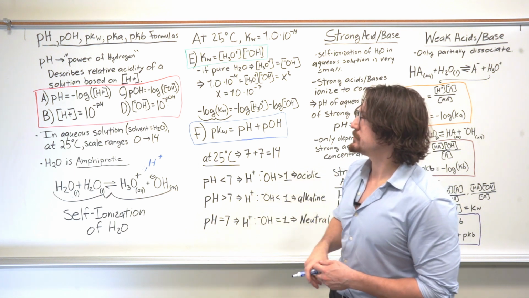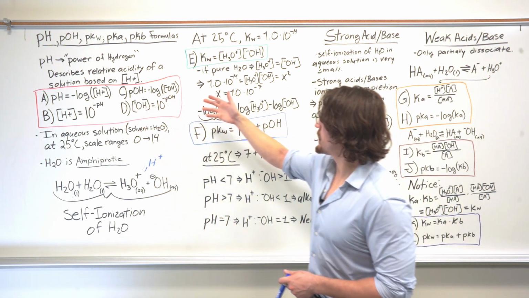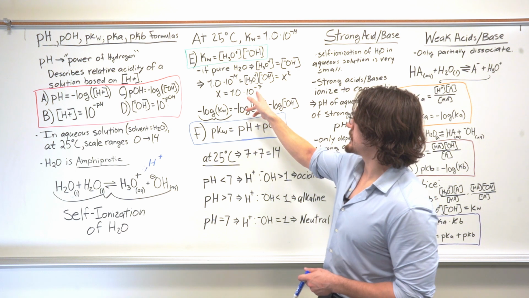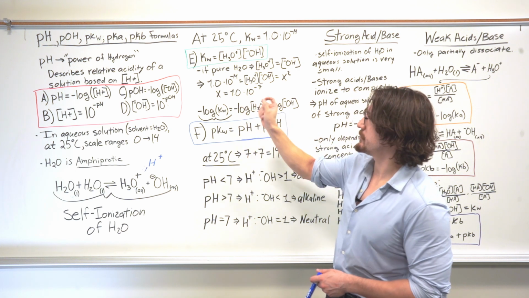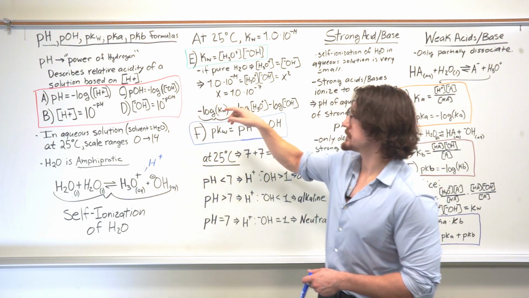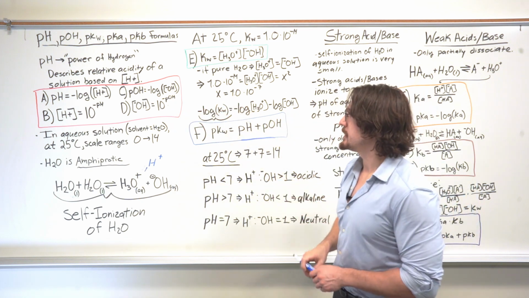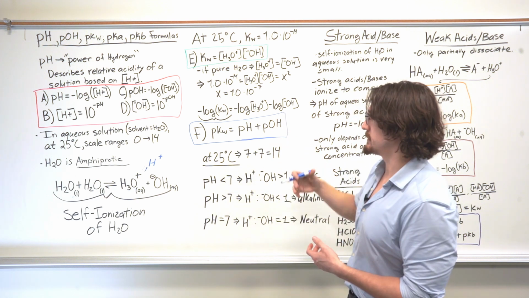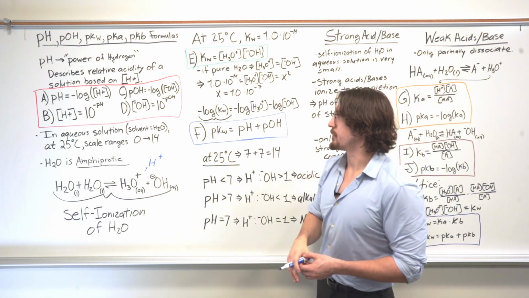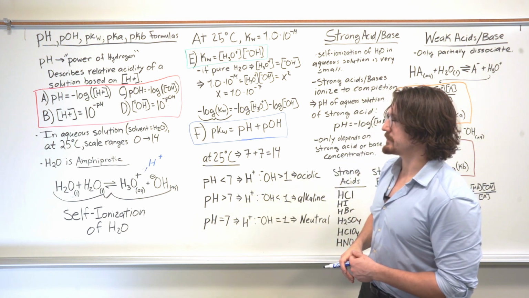If you take the negative log of 1 times 10 to the negative 7, that's going to be equal to 7. You pull out the negative 7 and then multiply it by the negative 1 in front, so it turns into 7, all right? So that's much easier to visualize and understand and play with. It's a 7 rather than some really small number like 10 to the negative 7.